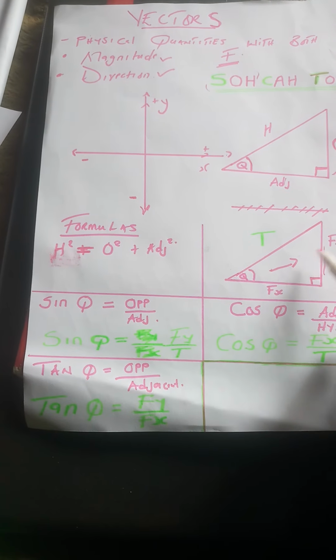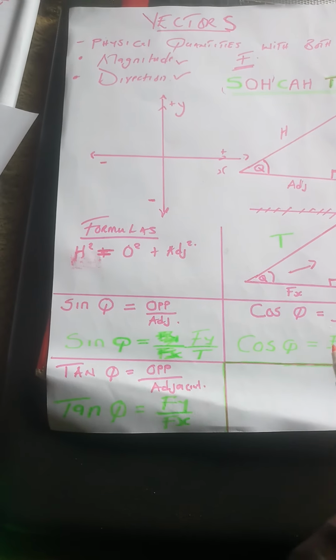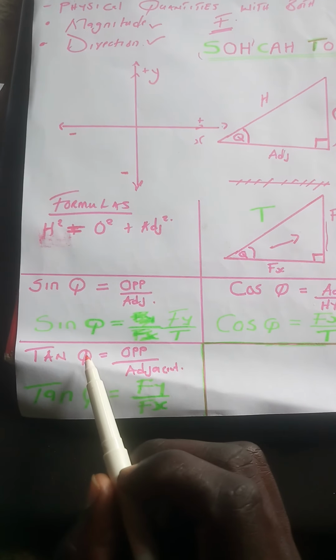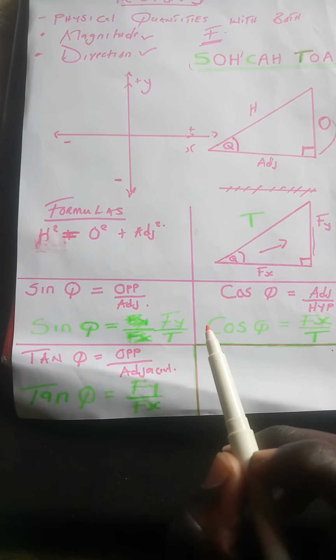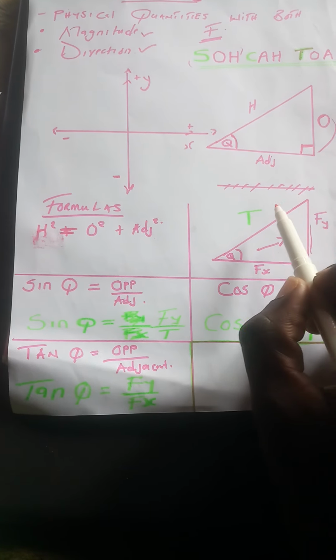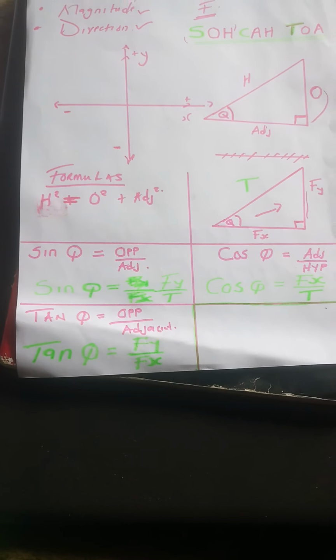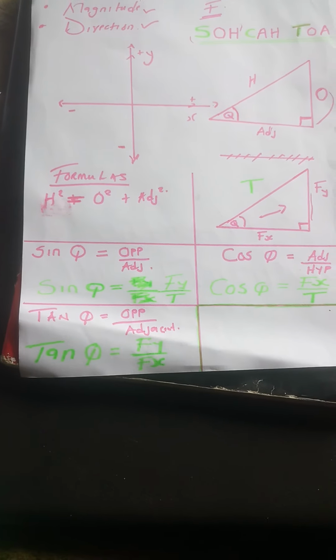So this will be determined by sine theta, which is equal to opposite over hypotenuse, or when you apply it to vectors, sine theta is equal to Fy over T, which is the tension force, the resultant force.